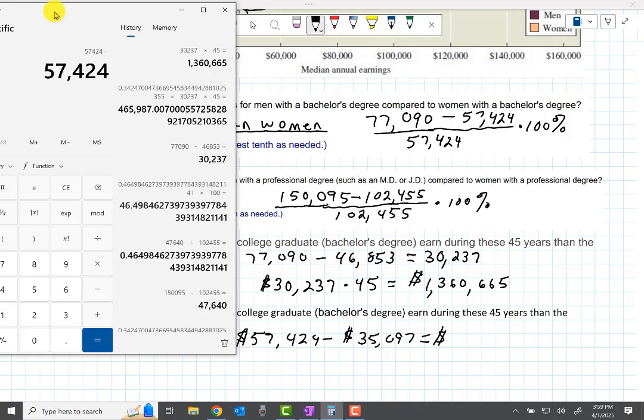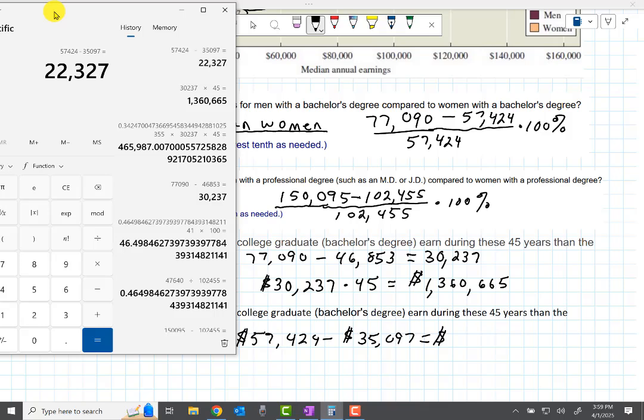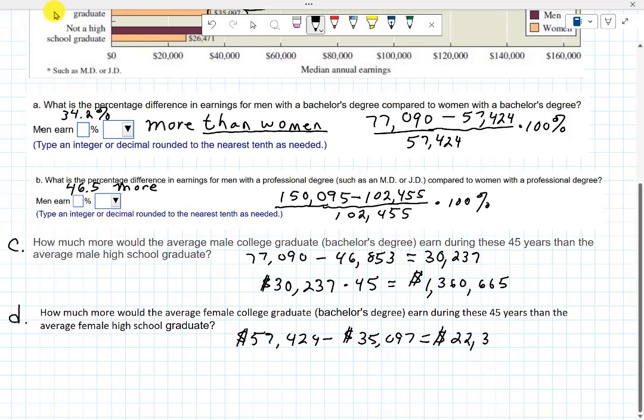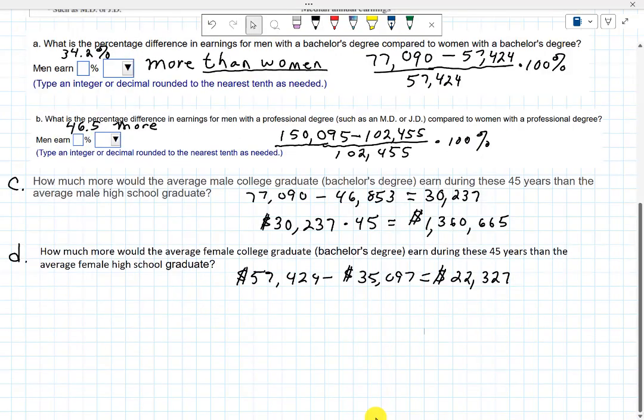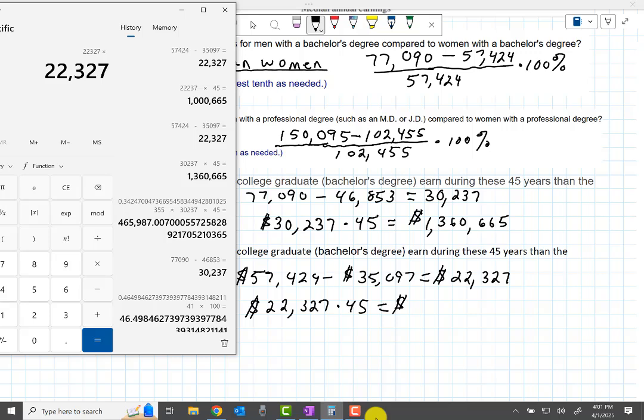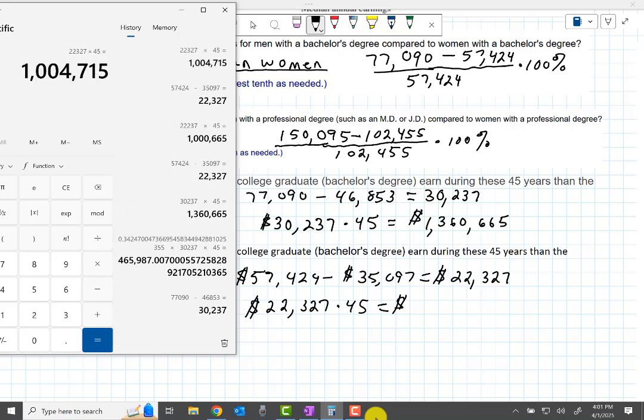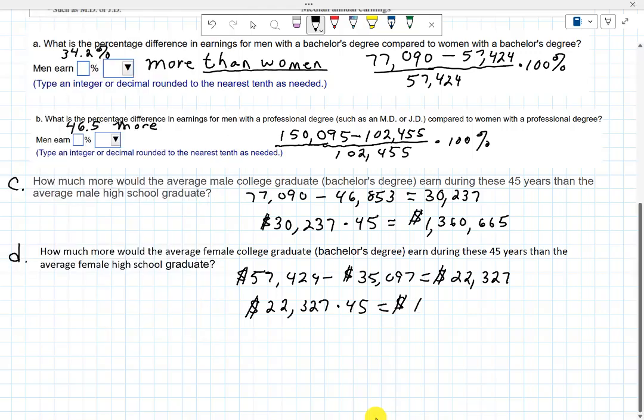So $57,424 minus 35,097. For 1 year, it's 22,327. Then I'm going to simply take this number and multiply it by 45, just like the last question. So 1,004,715.